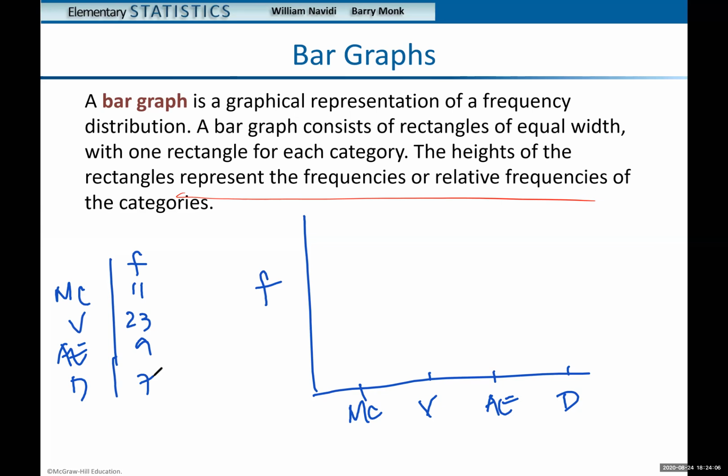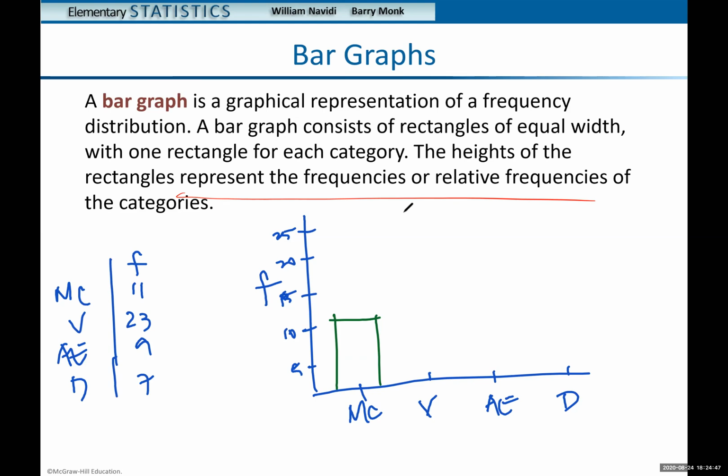So highest here is 23. So we should have up to 23 here, or if you don't want to go by ones, you can have 5 by 5s: 5, 10, 15, 20, 25. And then use rectangles. So MasterCard 11. Let's say this is 11.